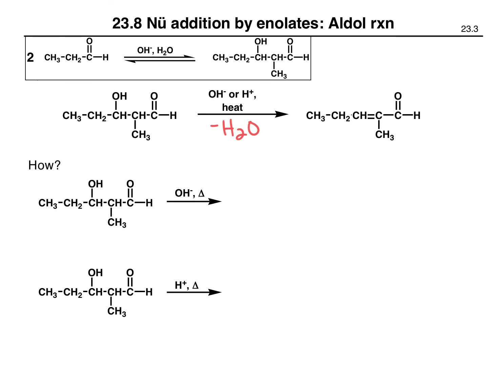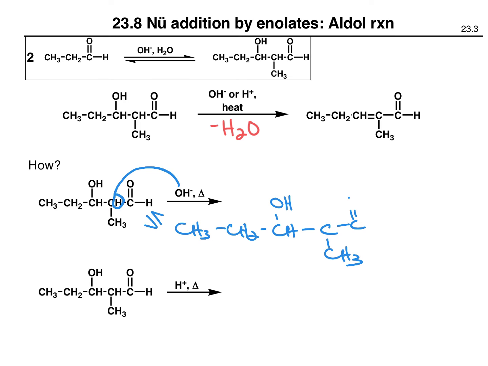How does this work under basic conditions? Well, hydroxide can grab off the alpha hydrogen, and that will lead to some of this. So we form this enolate, and then these electrons can fold in here to form the double bond, pushing away hydroxide.